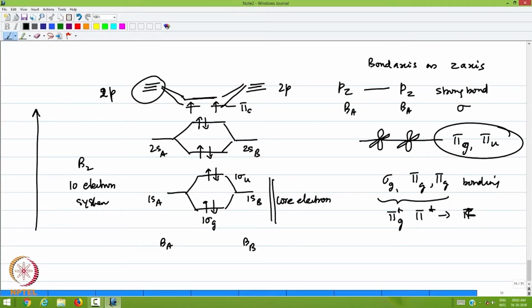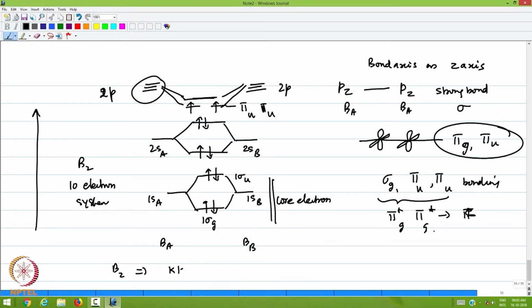This is the pi g, and these are labeled as 1 pi u orbitals. So, the bonding orbitals again, sorry, let me make a small change here. These are pi u orbitals, and this is the pi g orbitals. Okay.